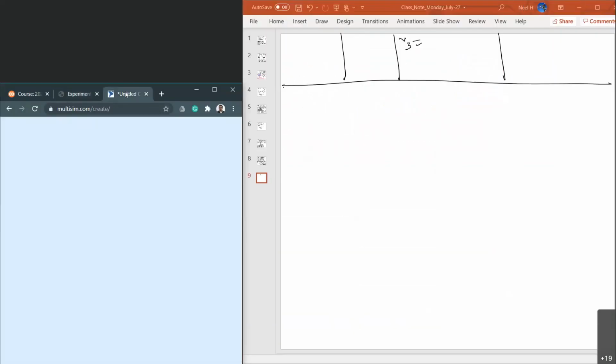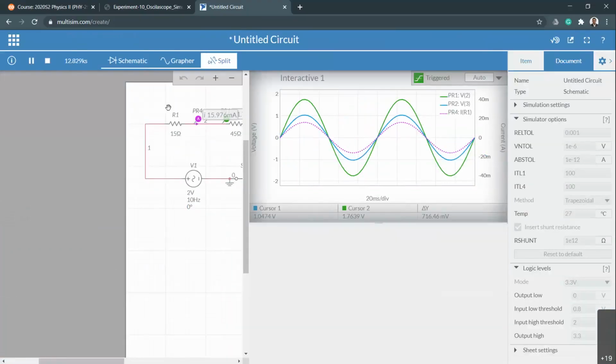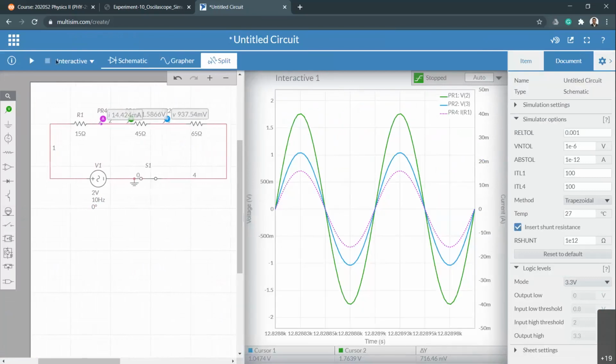To measure V across resistor number 3, I have to change my sensor again a little bit. So we're going to stop the circuit and then move the sensors.